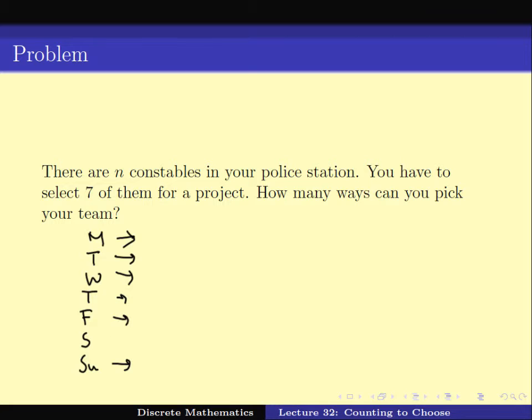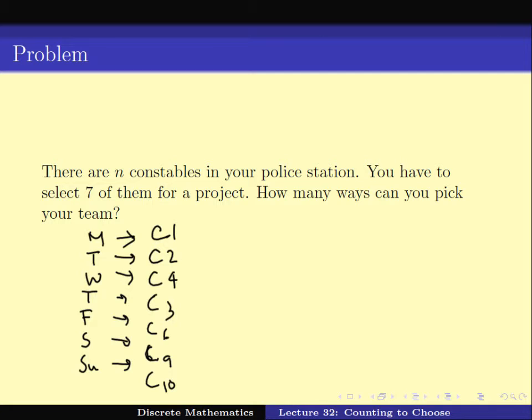So let's imagine that I have assigned constable 1 here, constable 2 here, constable 4 here, constable 3 here, constable 6 here, constable 9 here and constable 10 here. Right? So this is one way of doing it.